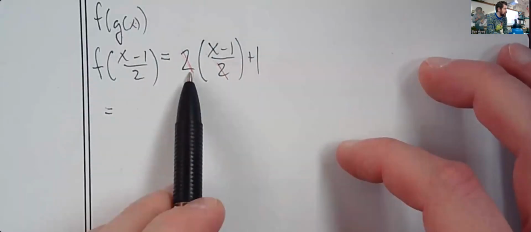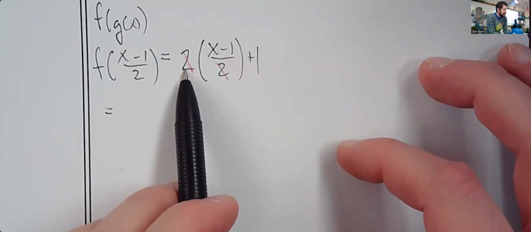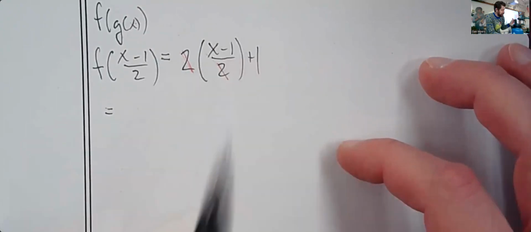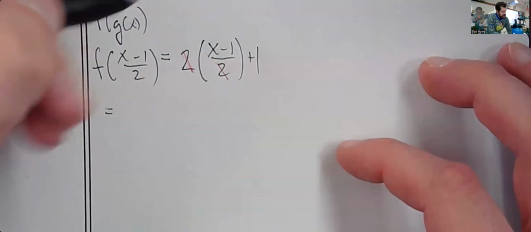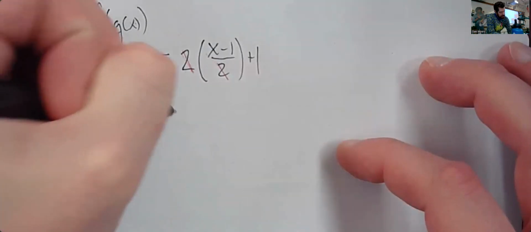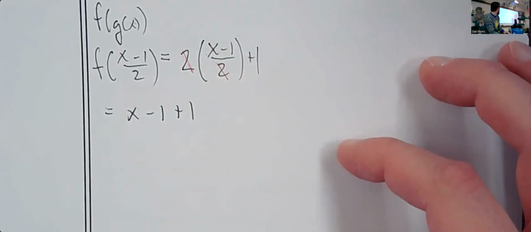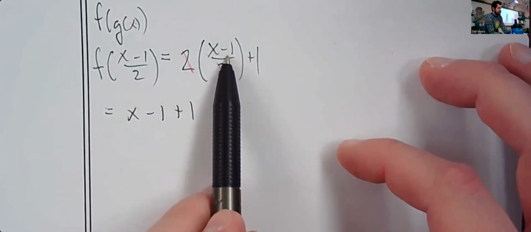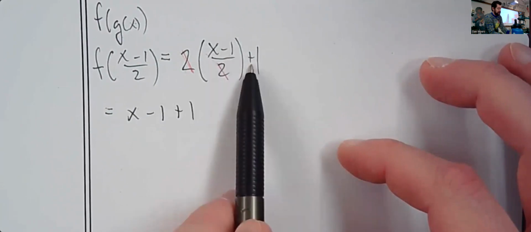Because the whole number 2 is like a numerator of a 2, and there's a denominator and a numerator, and denominator with multiplication means you can just cancel them out. So that'll give us x minus 1 plus 1. We can drop the parentheses because the multiplication is now gone. And all we're left with is the numerator here, which is x minus 1. And then we add 1 to that.